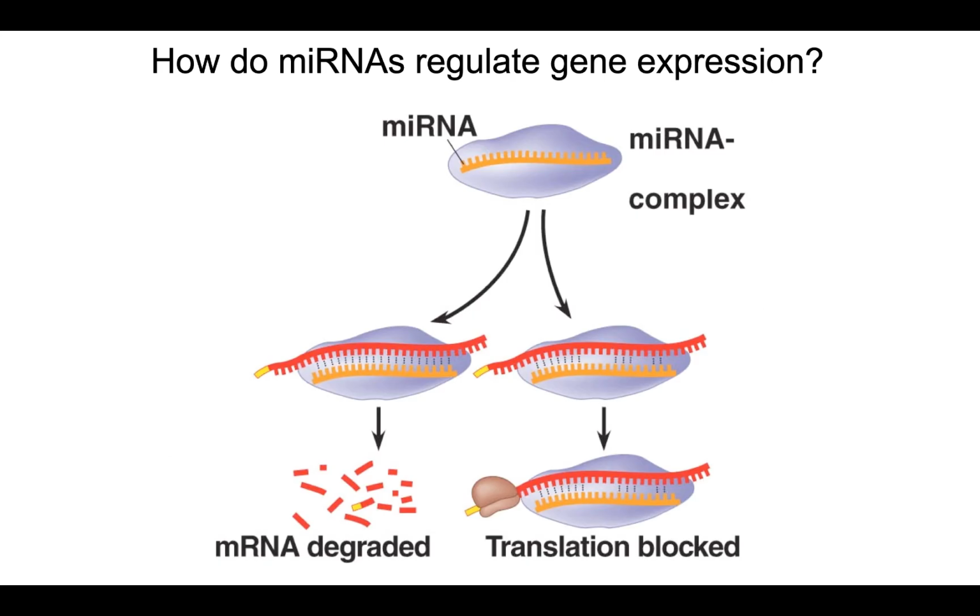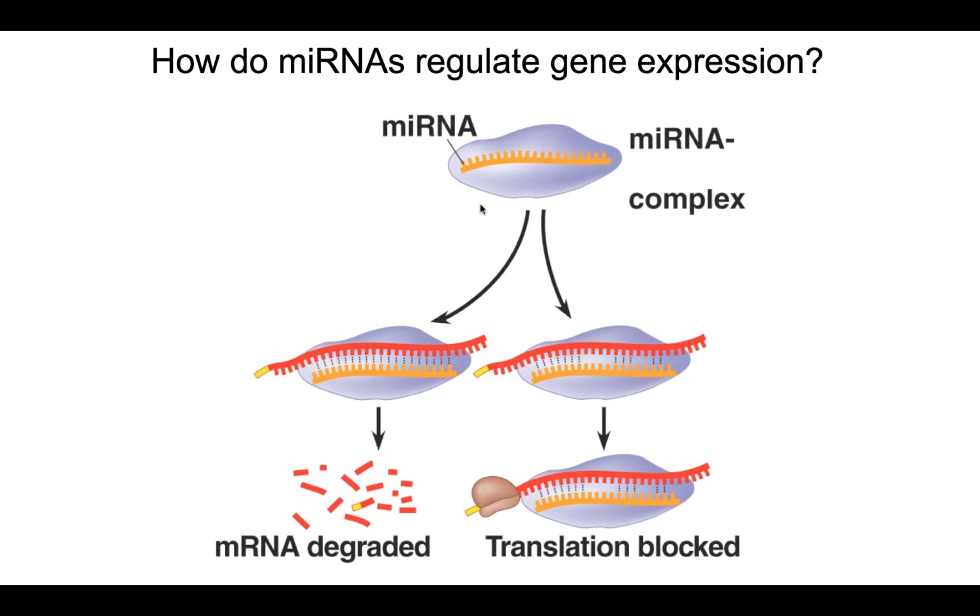So at the most basic level, here's what they do. After a microRNA is processed, it becomes part of this protein complex here, another ribonucleoprotein complex. The microRNA itself is reverse complementary to specific messenger RNAs, in red here.